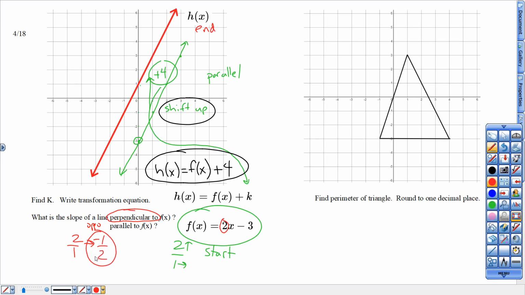Parallel, of course, is the same slope, so that would be 2. Perpendicular would be -1/2. Again, that would be coming at this at a pattern of right 1, down 2, right 1, down 2, gives me that 90-degree look.